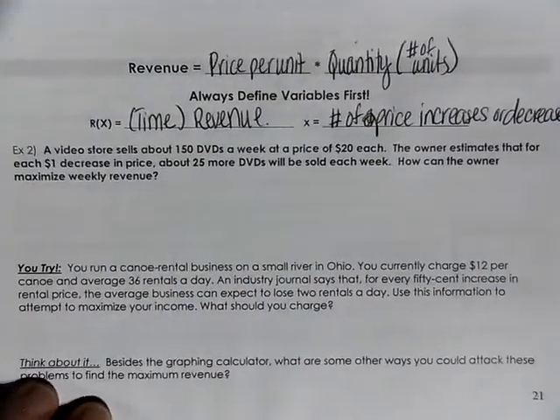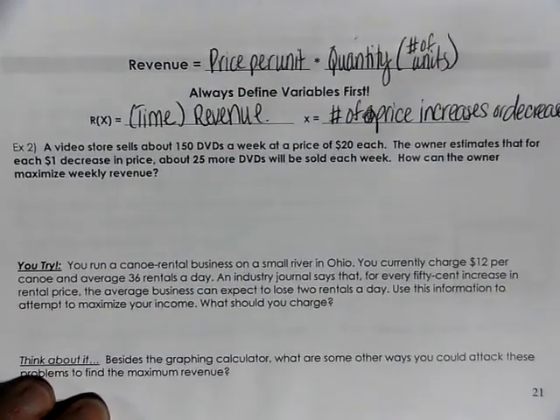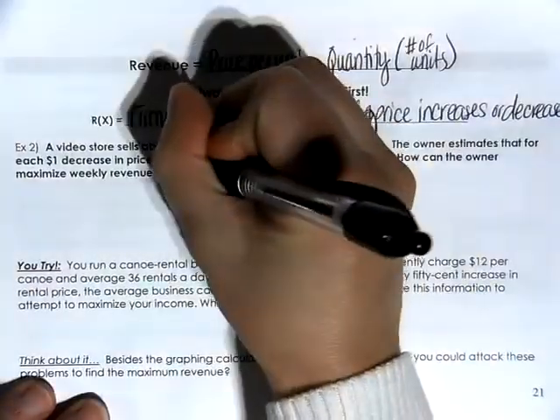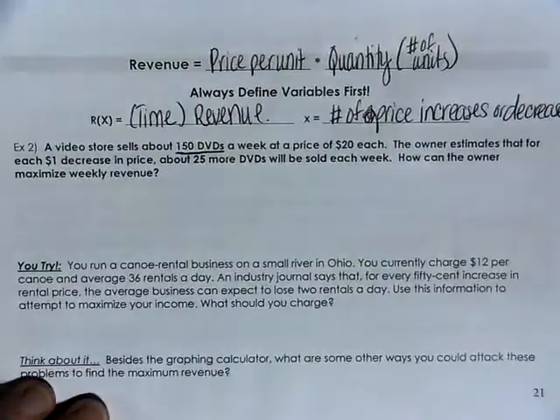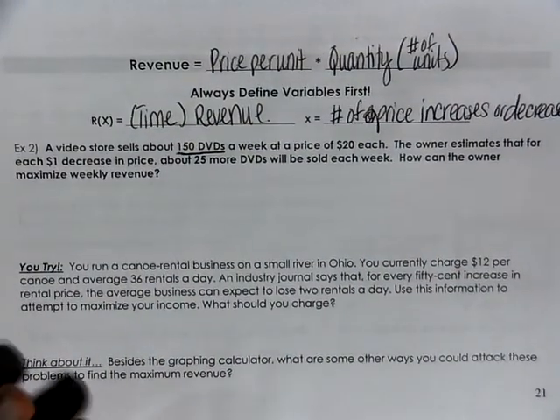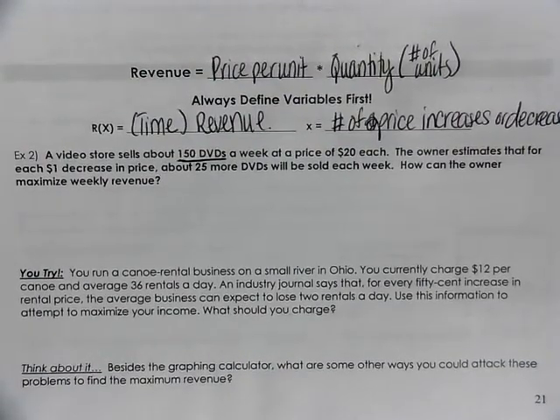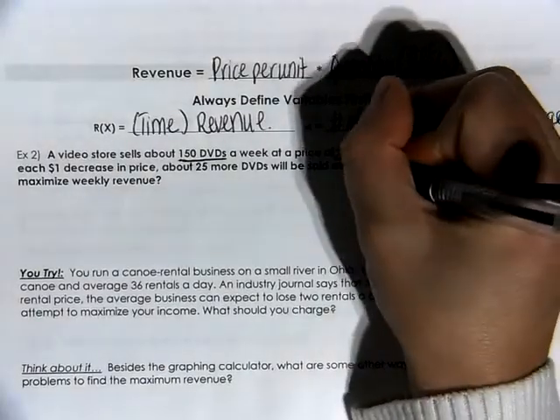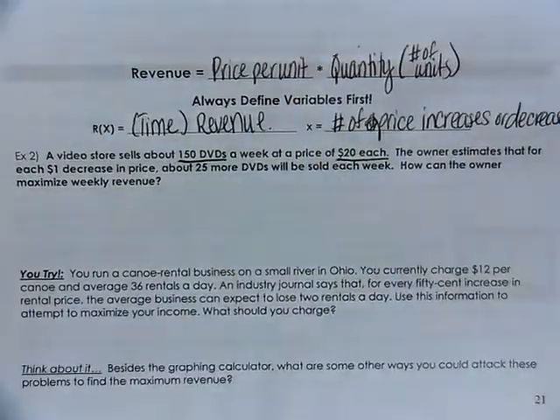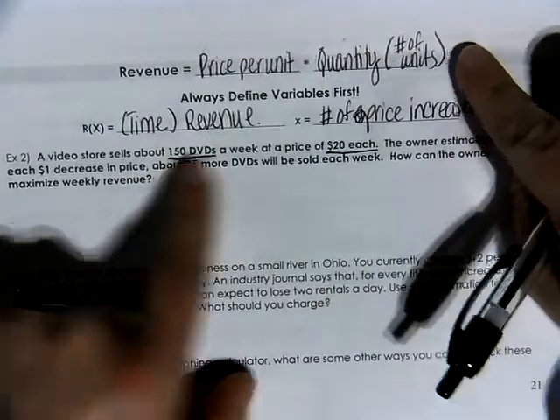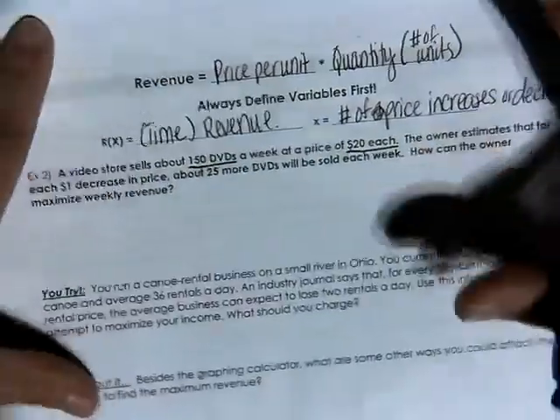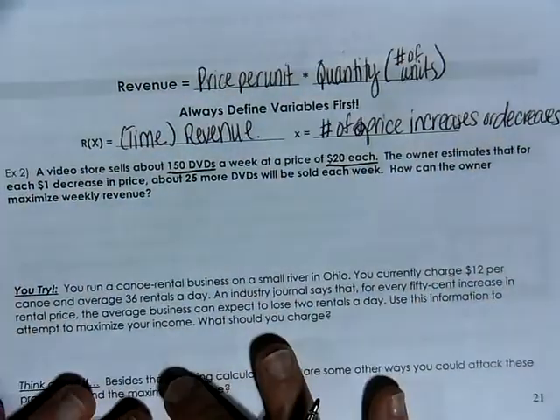So for this problem, it says a video store sells about 150 DVDs. Forgive the fact that we are talking about DVDs. Call it something else if it bothers you that much. But this video store sells about 150 DVDs a week at a price of $20 each. So far we've talked about a quantity and a price, and that's what you will see, quantity and price.